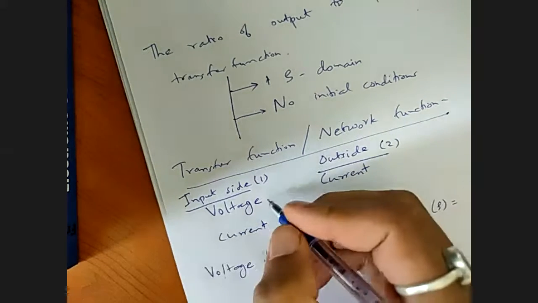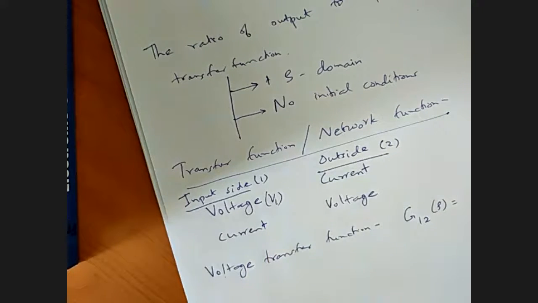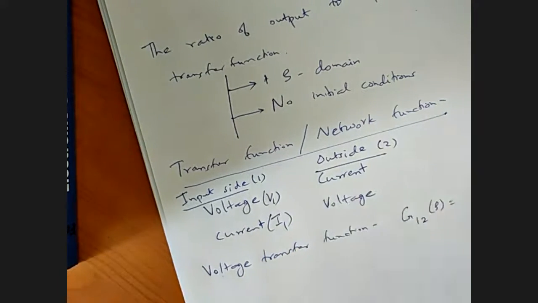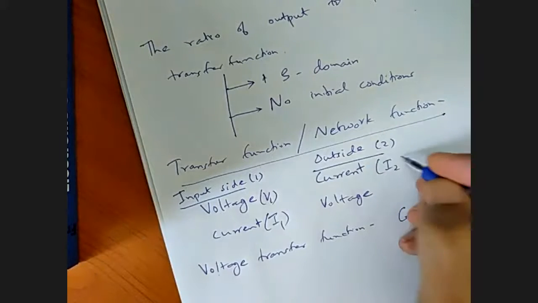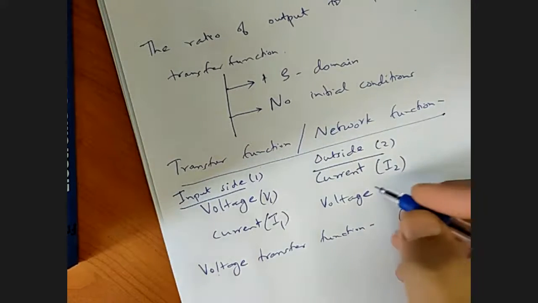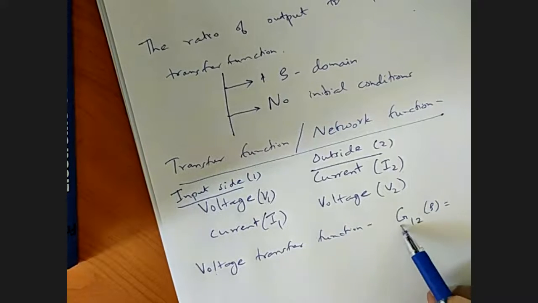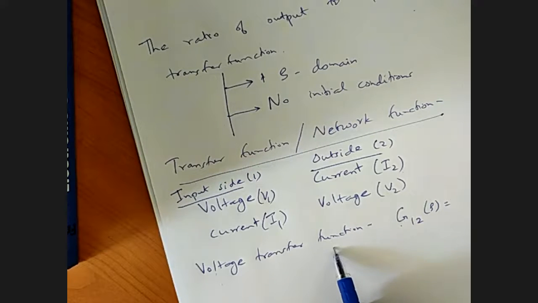So voltage at the input side is V1, current at the input side is I1, current at the output side is I2 and voltage is V2. So G is known as voltage transfer function. 1, 2 indicates it is V1 by V2.